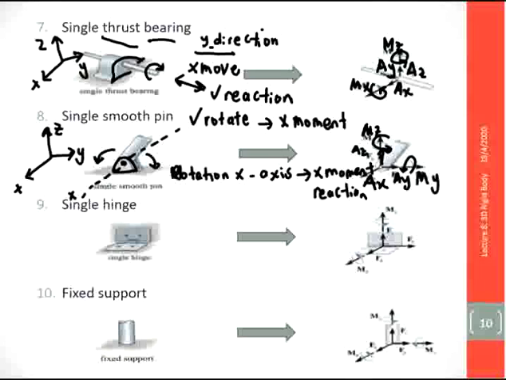And then we proceed with the single hinge. A single hinge is like our door, so we can open and close. So here we have x, y, and z. What this hinge can do is rotate like this. It can open and close like that.